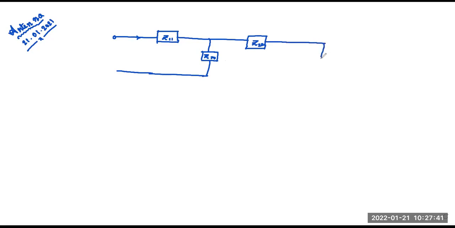Here is the current component, which is named as I2. This is E of 1, 2.